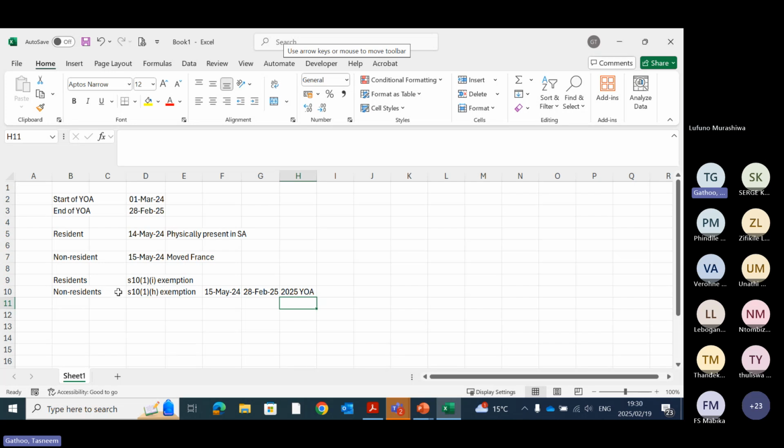As a non-resident, it's preferable to first look to the Section 10.1H exemption because there's no limitation on that exemption. Whereas the Section 10.1I exemption has the limitation on how much interest can be exempt.